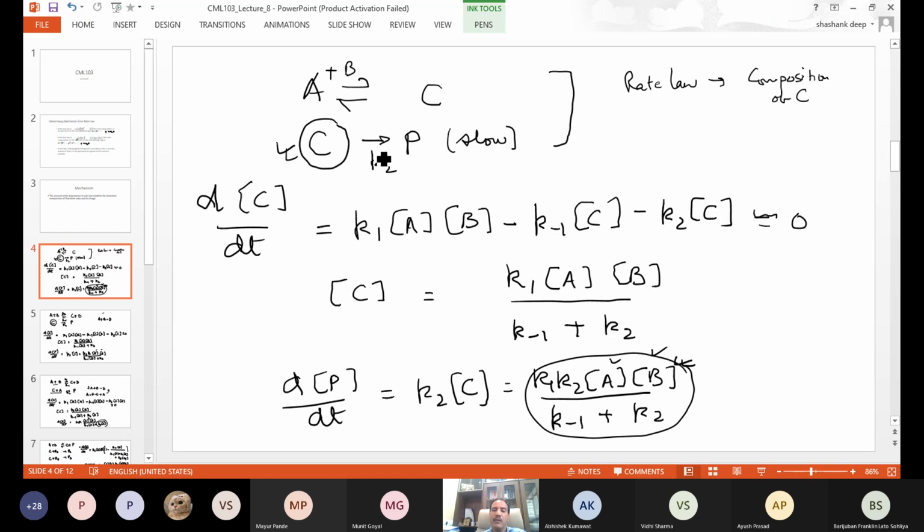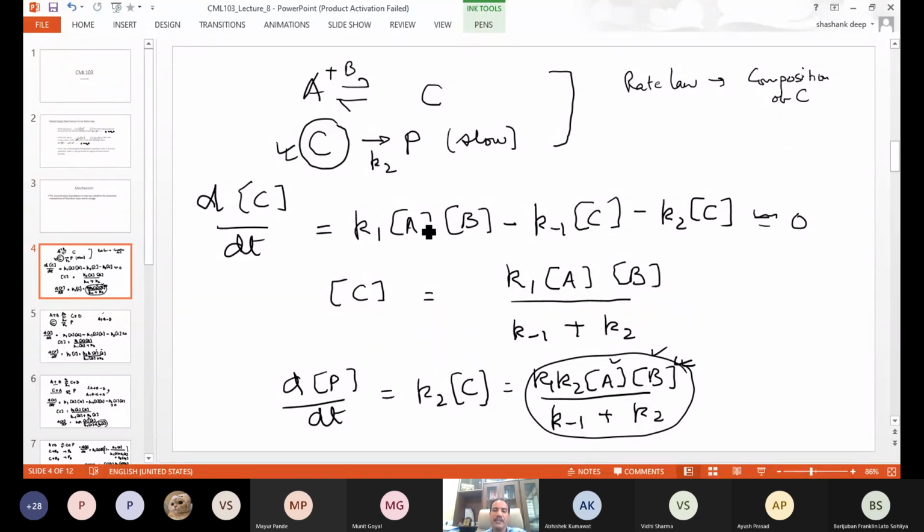You can apply it, but the only thing you need to make sure is that the concentration of C with respect to A is very small. Is this okay? Yes, sir. So only if the concentration of C is small can you apply a steady state approximation.